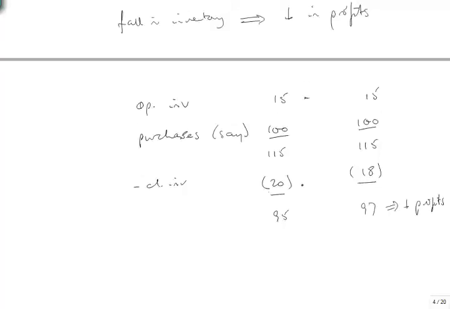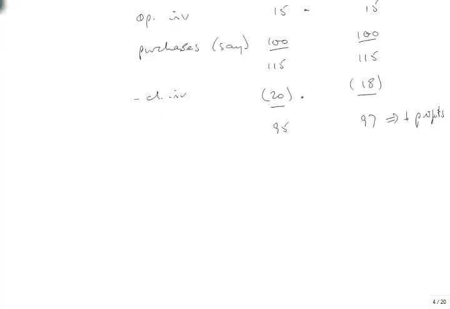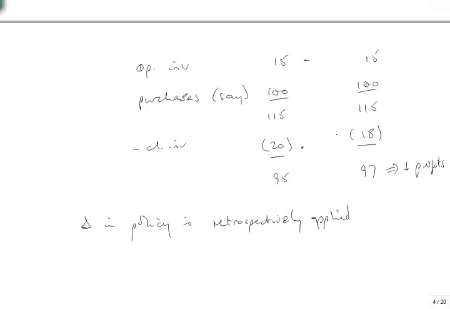So she's wrong there, but she's also wrong in another way, and that is that a change in policy, rather than a change in estimate, is retrospectively adjusted. Let me spell retrospectively correctly. Retrospectively applied. So not only would we have to change 20 down to 18, but we'd also have to change this 15 as though the policy had been applied since time immemorial, since the company had ever existed.